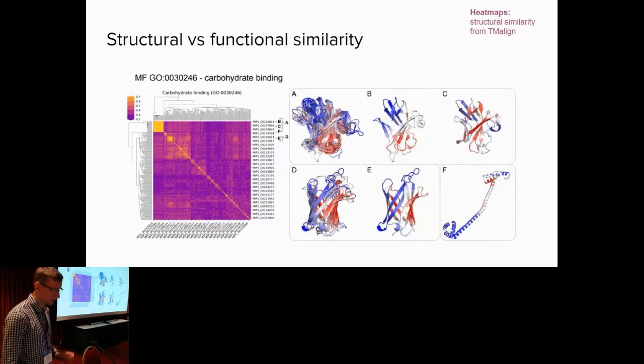Here we focus on a specific GO term, namely carbohydrate binding, and superimposed structurally all structures that were annotated with high probability by DeepFRI as having this function. Interestingly, the largest cluster here is the putative novel fold cluster that I showed you before. We also found some awkward structure that is probably an outlier.